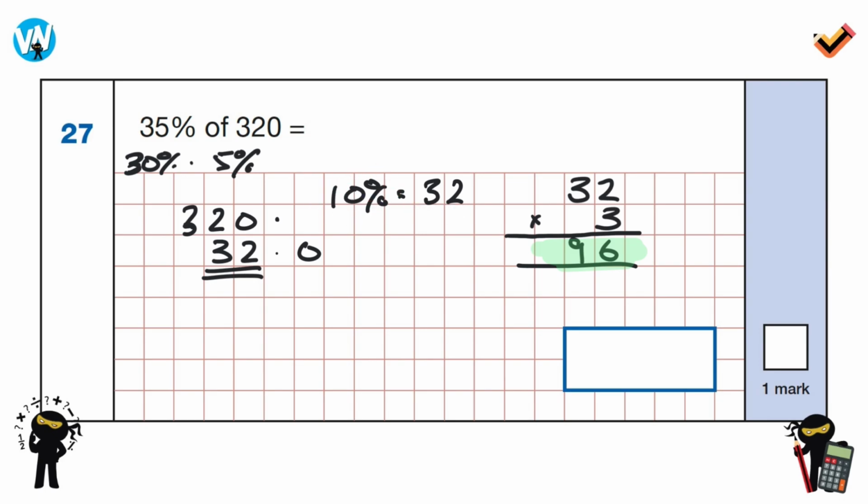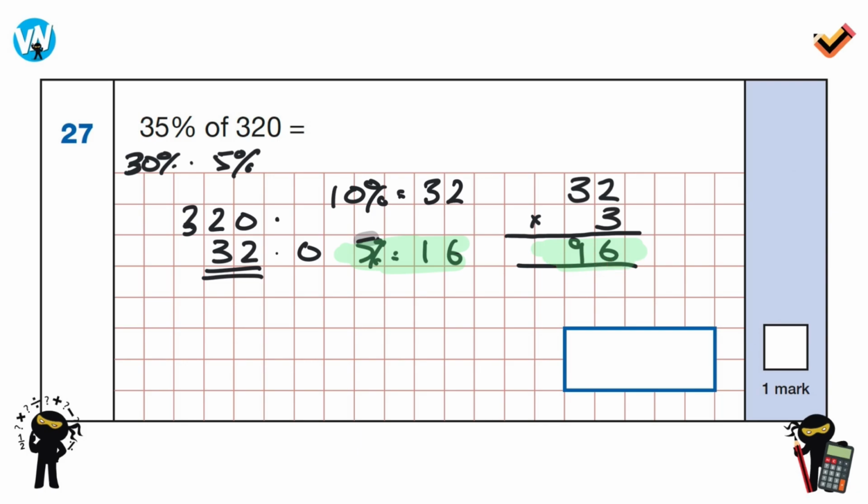I know half of 32 is 16. So again, I'll make a note of that so you can see it. 5% is equal to 16. So now I have my 5% and my 30%. Just need to add them together.